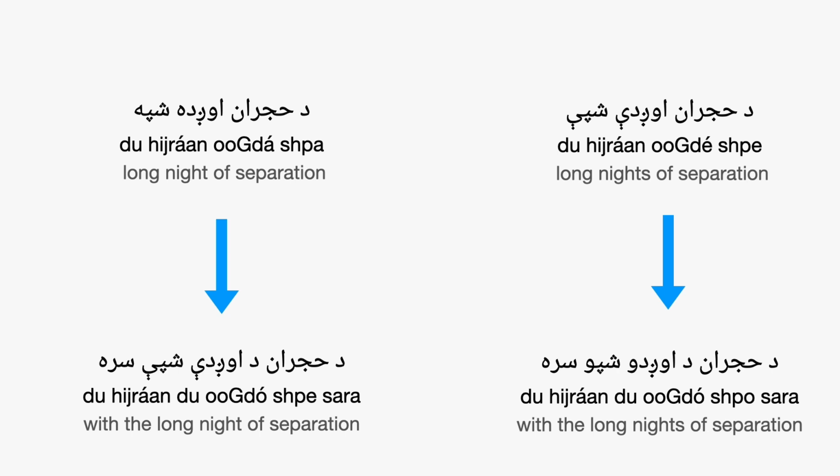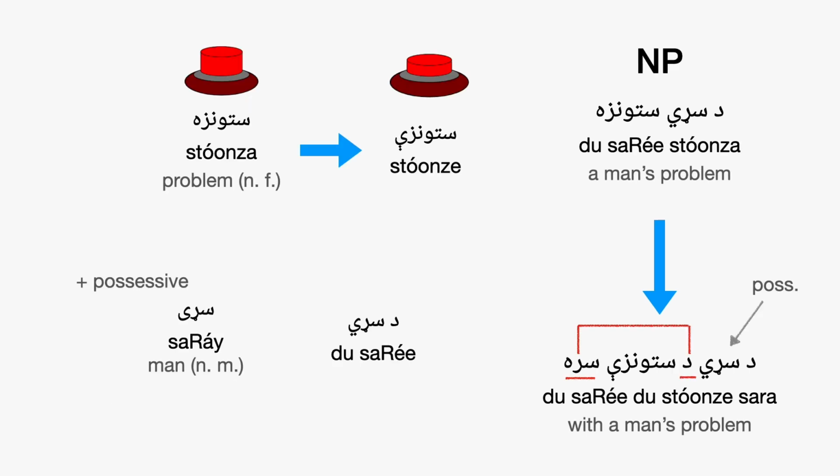Now, the last thing I want to emphasize is that when we have a possessive attached to something, the inflection that happens inside the possessive is its own thing. So, for example, if I say the man's problem, and I stick it inside a sandwich, then I say with a man's problem. That possessive is hanging outside of the sandwich, and the inflection is because of the possessive.